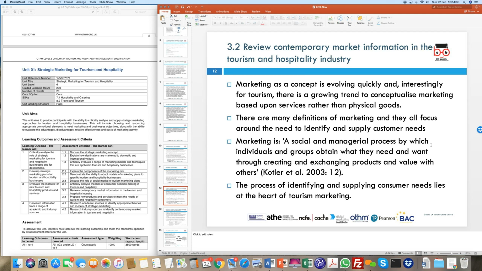And this definition over the years has now evolved into a process which allows marketers, organizations, businesses to identify and then supply consumers with what they need in terms of information to make decisions. So over the years, it has always been a process, but how this process is evolving.